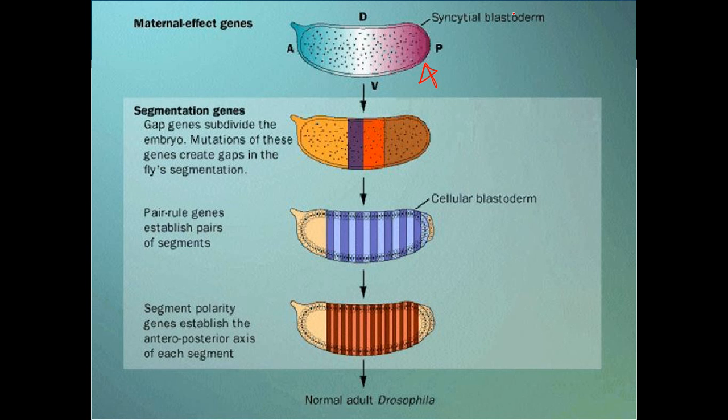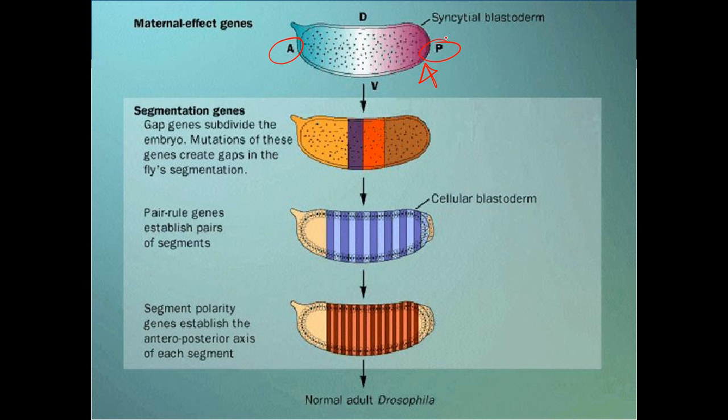We talked about before the bicoid protein gradient and the nanos protein gradient, and then interacting with that, we also have hunchback and we also have caudal. And those 4 protein gradients are going to establish the anterior and posterior ends of the blastoderm.